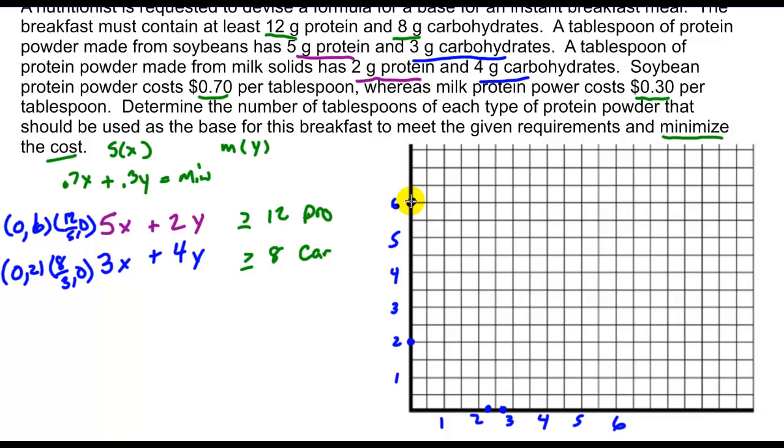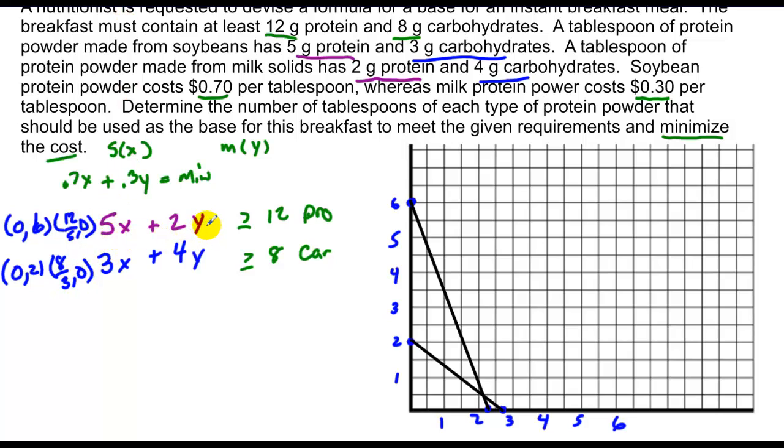So I go from 6 to 2 and 2/5. And then I go from 2 to 2 and 2/3. So right around there.